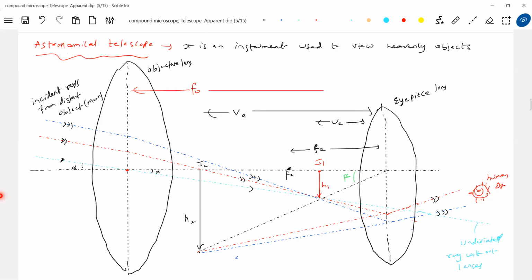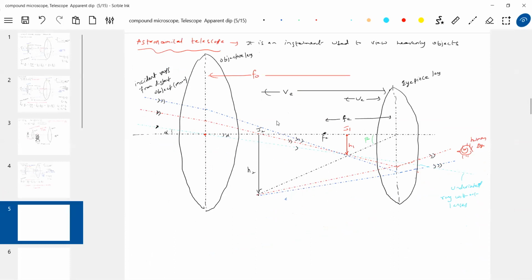So therefore, the magnifying power, the very basic definition, I'll define it.